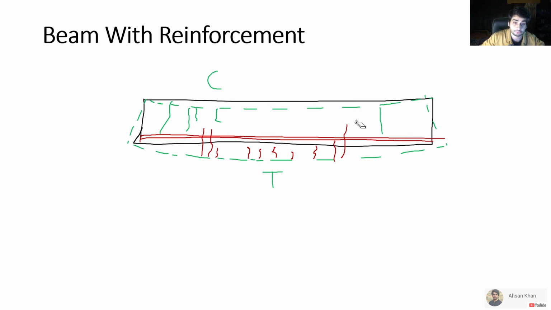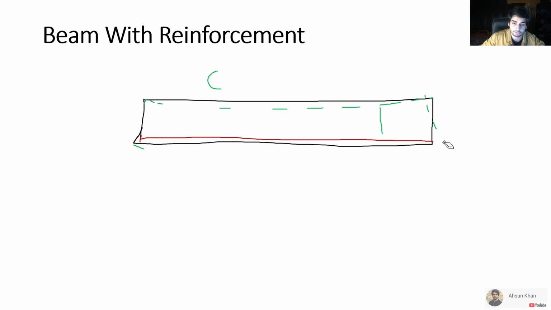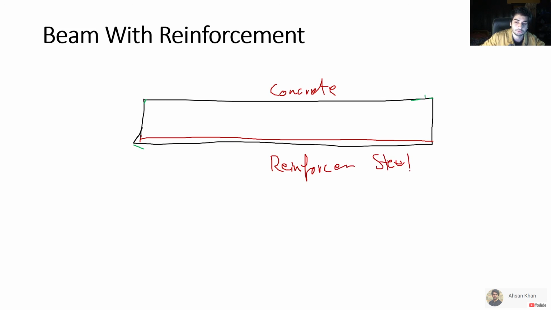So normally the structures that you have in your house or in the buildings where you're living are actually reinforced concrete structures, and they are stable because at the top you have enough concrete to take the compression, and at the bottom you have enough reinforcement or steel to handle the tension, right?